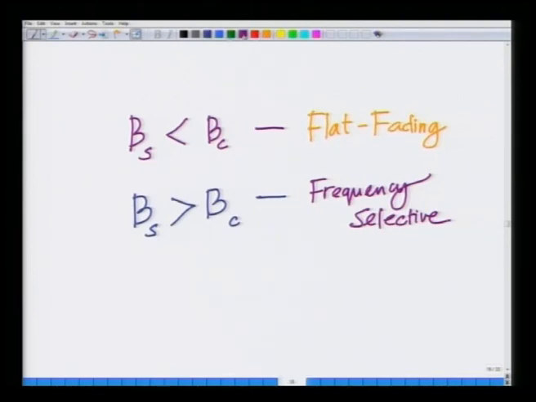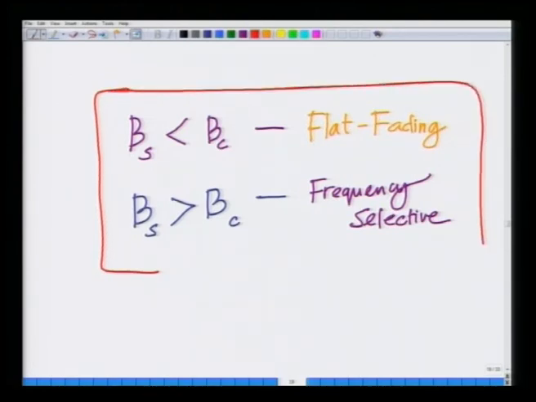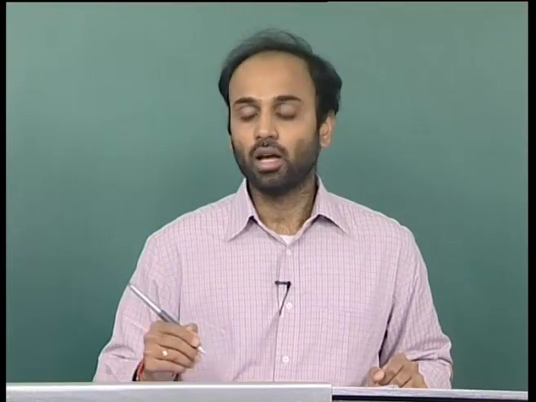Okay, so, this is an important idea related to the coherence bandwidth and the bandwidth of the signal. Hence, it is an important idea. Please pay close attention to this idea.